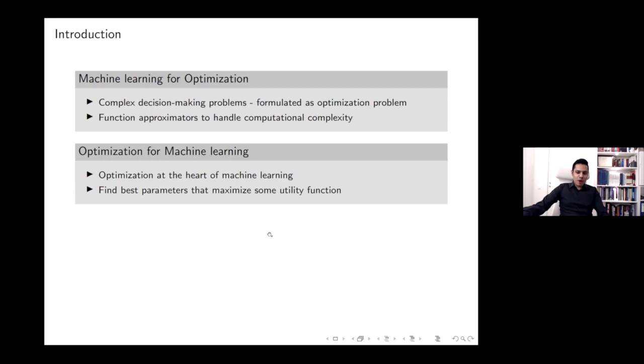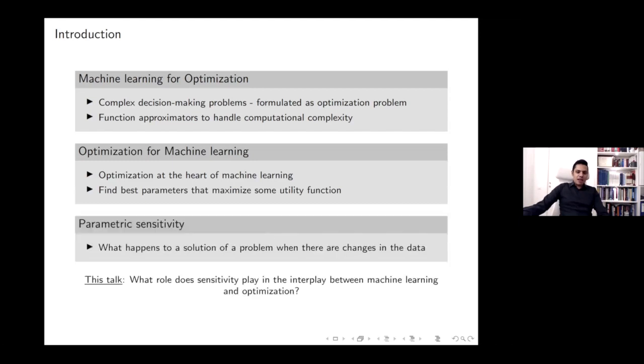And when we talk about sensitivities, when you have a solution to the optimization problem, given some conditions, instead of just giving the optimal solution, we can also say a little bit more about how the solution changes when the data changes.